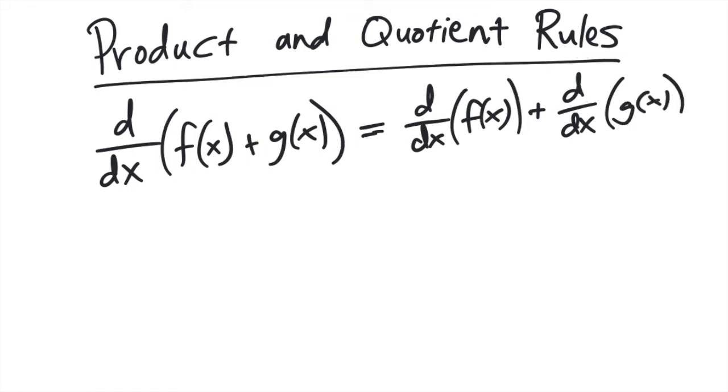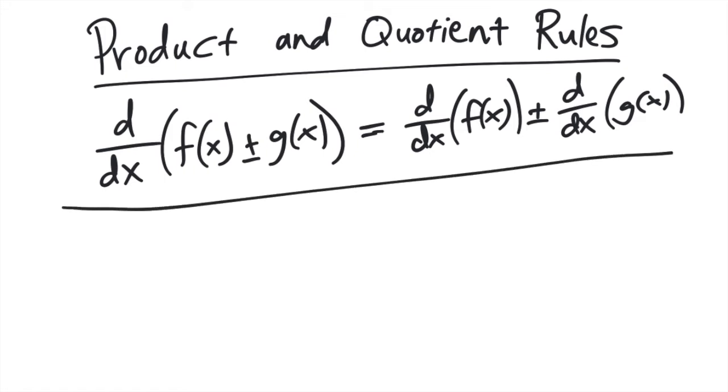This was okay with a sum, and it was also okay with a difference, so I could put plus or minus there. It works for both of these operations. And both were true back when we talked about limits as well, in that the limit of a sum is the sum of the limits, and the limit of a difference is the difference of the limits.